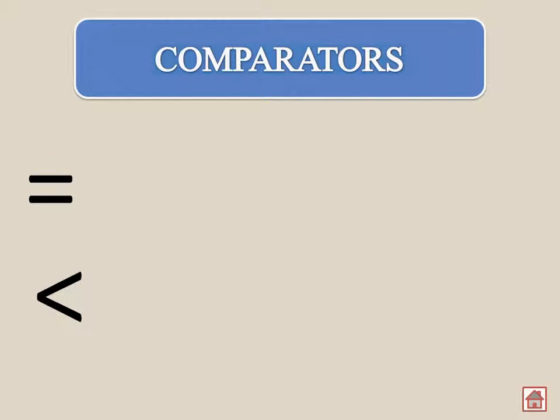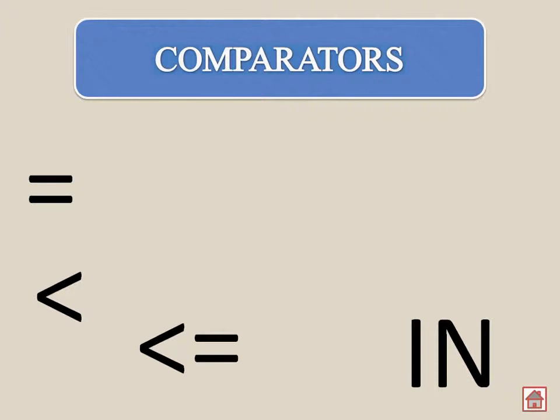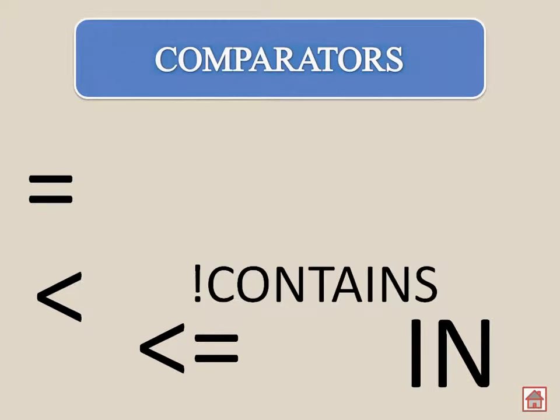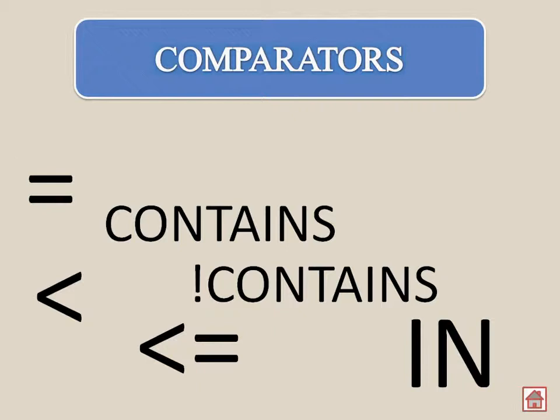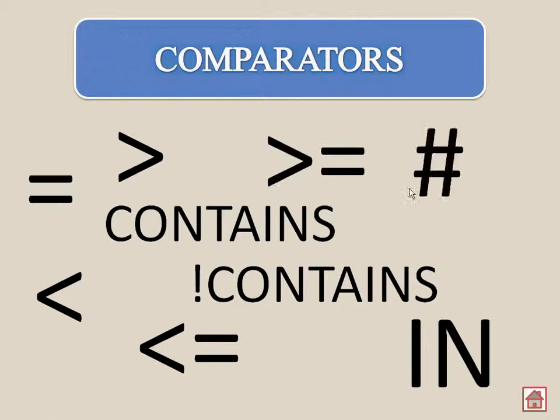Yes, that's the equal sign, the less than sign, less than or equal, in, contains, but notice the exclamation at the beginning, and then contains just without the exclamation, greater than or equal to, hashtag or pound sign, and the @ sign, right? These are all comparators that we can use when we're searching for students.